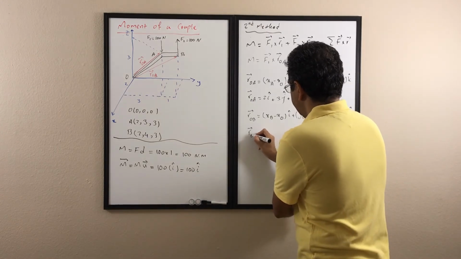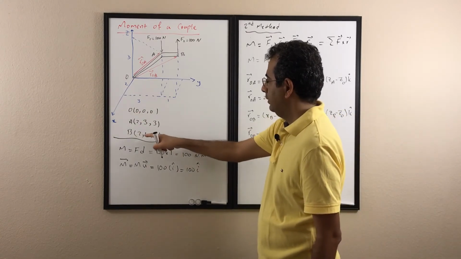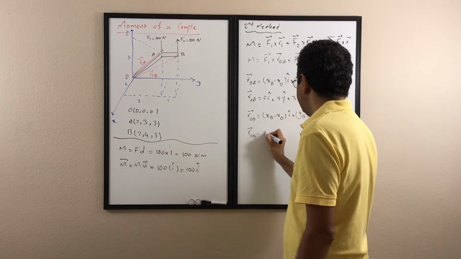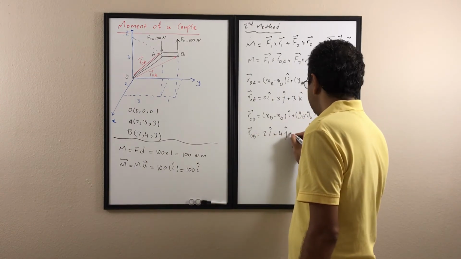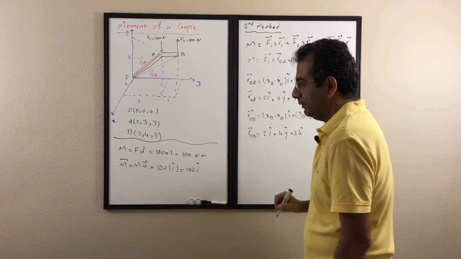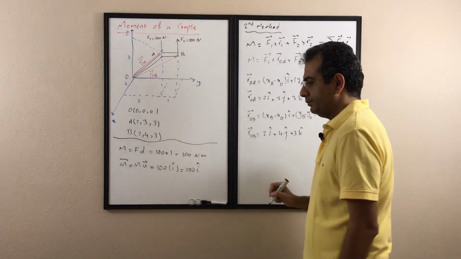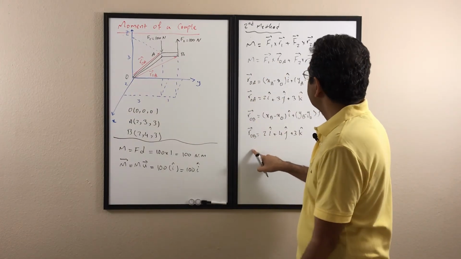If I just plug in those values, it's going to be 2i plus 4j plus 3k. So these are how I can get ROA and ROB.